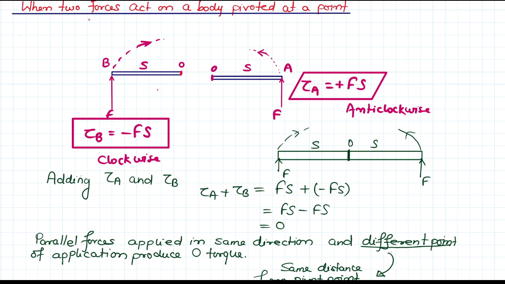We apply one force at point A and another force at point B, separated by a distance S from O. If we write the formula for torque A, it creates an anti-clockwise rotation, and anti-clockwise is positive. So torque A equals force into perpendicular distance, F into S, in the anti-clockwise direction.